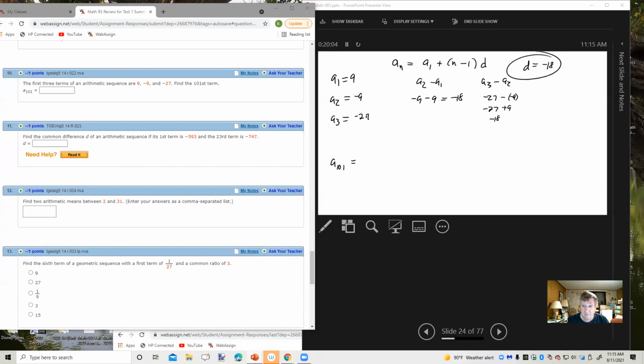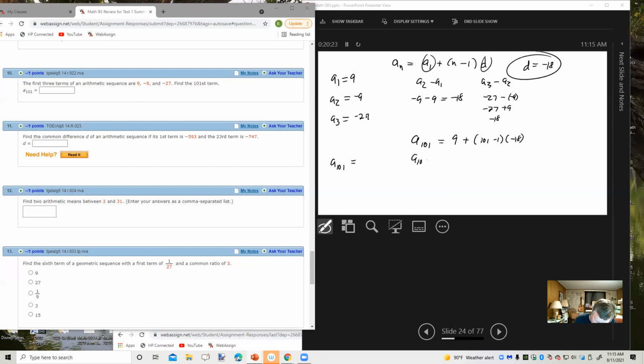We've established that. We know d, we know the first term. So a sub 101 is going to be the first term, which is 9, plus n, which is 101 minus 1, times the common difference d.